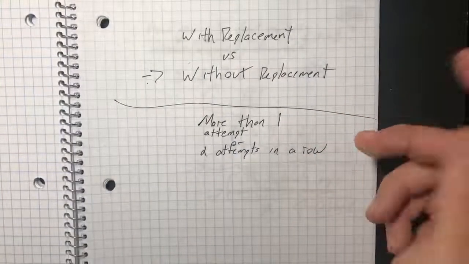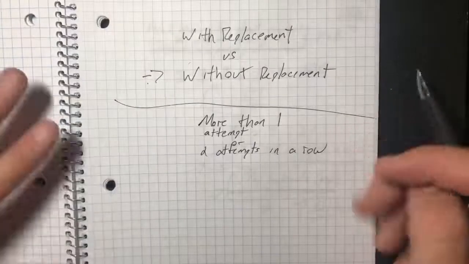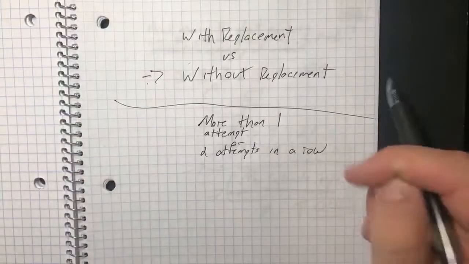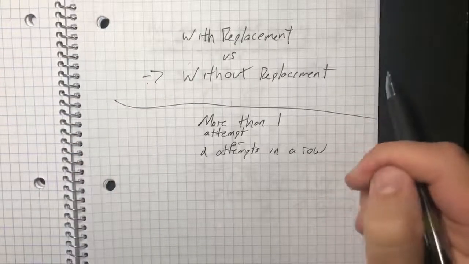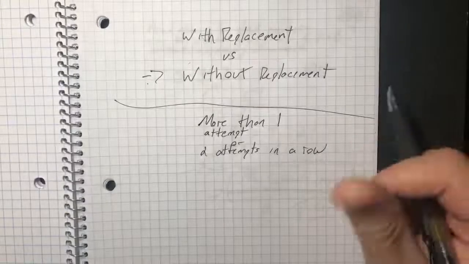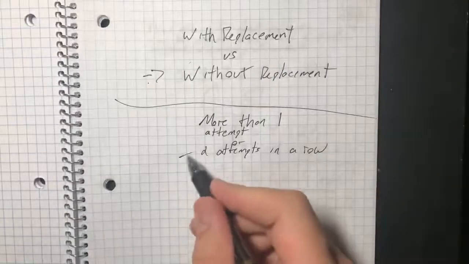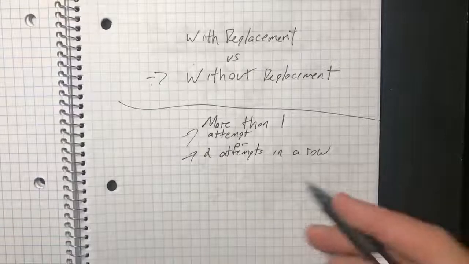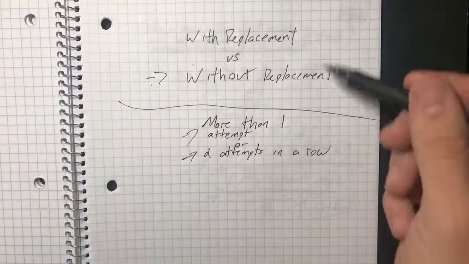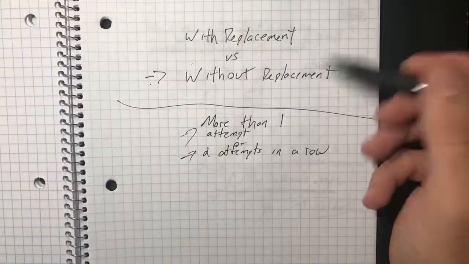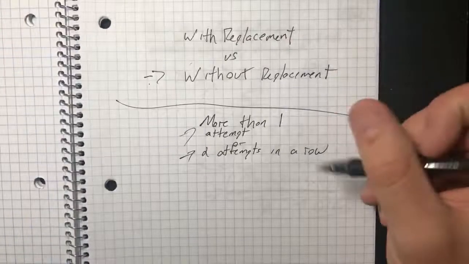You'd much rather flip it once because that's a 50% chance. Every time you flip that coin, it's less likely that you keep your streak of heads alive. That's why it's important to recognize: is there just one attempt, or two in a row? Do they replace between the attempts? We're going to talk about that.